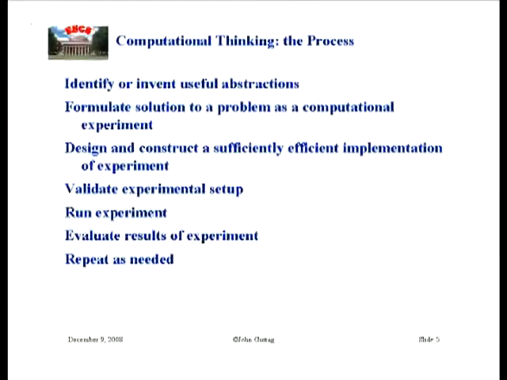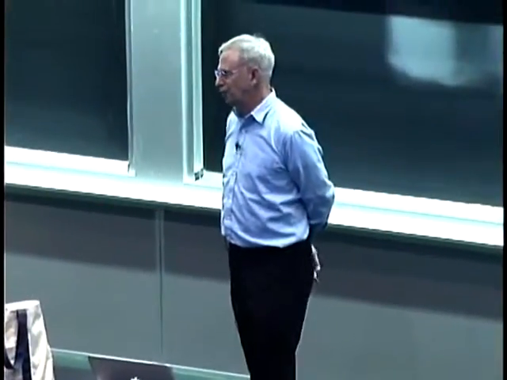So what is it? Well, the process is the one we've been advocating throughout the semester. You identify or invent useful abstractions. Sometimes they're out there and we can just pluck them. Sometimes we have to invent them ourselves. We then formulate a solution to a problem as some sort of computational experiment, typically using those abstractions.